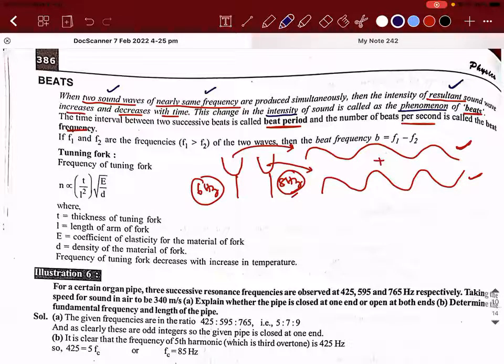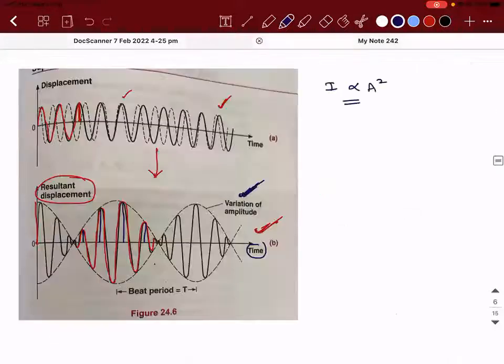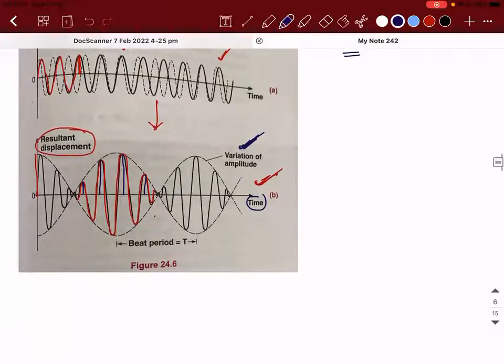You're able to see two successive beats. If you measure the time between two successive beats, that is called the beat period. If you take the reciprocal of the beat period, that is called the beat frequency.